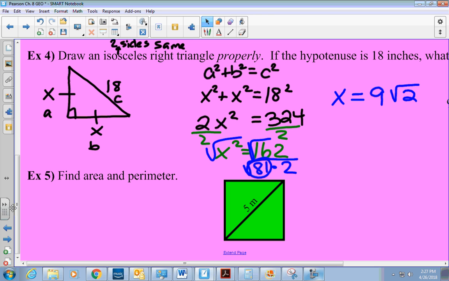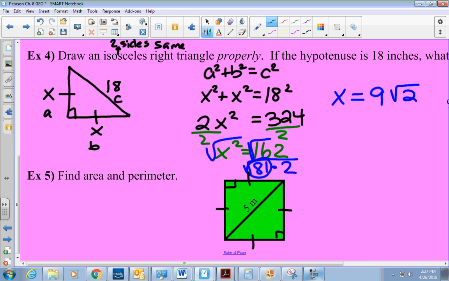Okay, so we're going to see this in the opposite manner as we had before. We have our square here. So this, again, is our isosceles right triangles. We have that the diagonal is equal to 5.